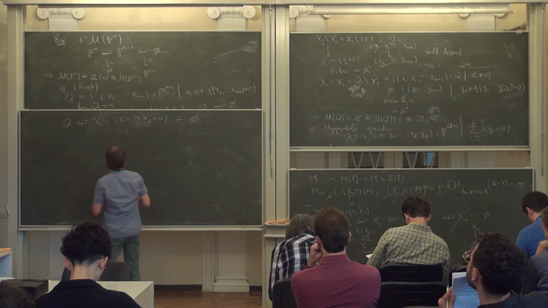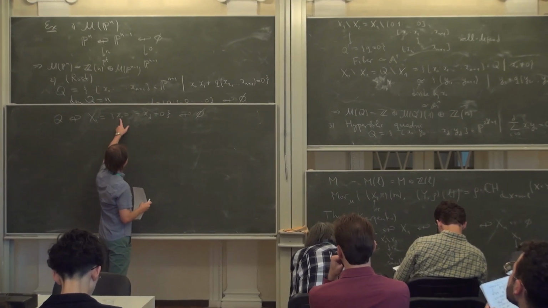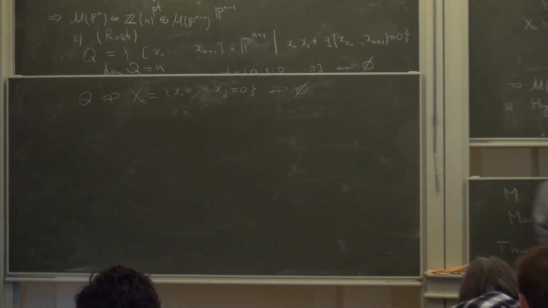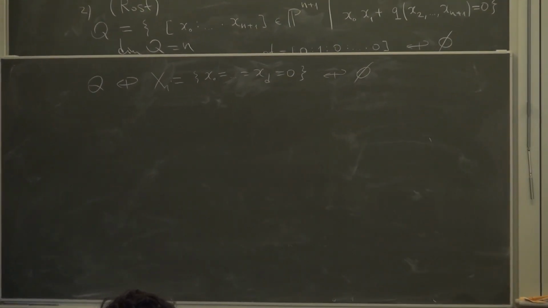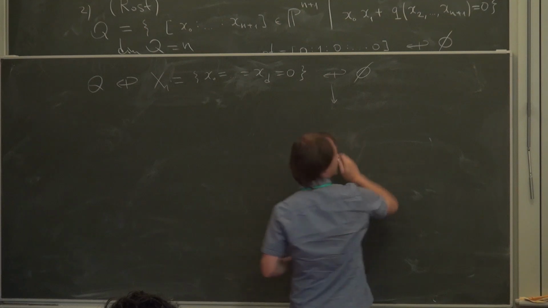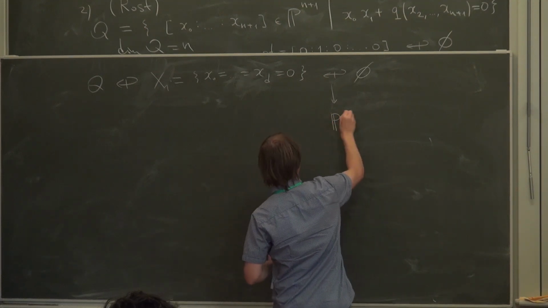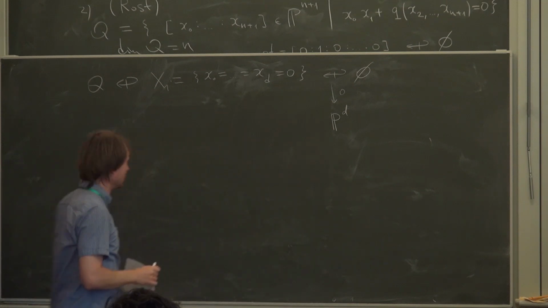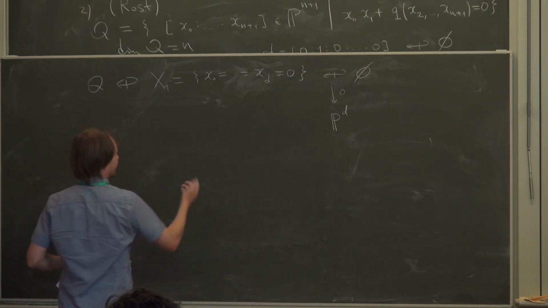So then, if all these coordinates are 0, then there is no equation. So the equation is automatically satisfied. So this variety is just isomorphic to the projective space PD. Well, so a rank 0 fibration over PD, so it's easy.